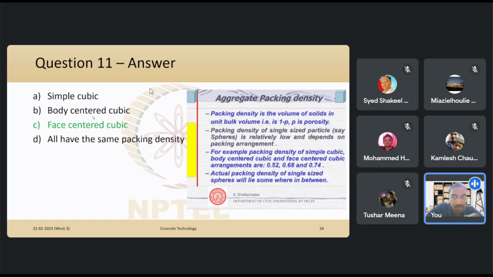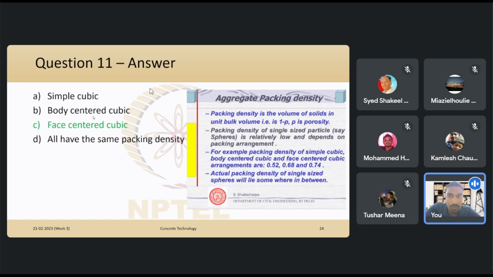So if you look at it, in simple cubic we have 1, in body centered we have 2, in face centered we have 4 particles, right? So therefore the density in the face centered must be higher, right? If you just draw these arrangements, you will be able to see why that is so.